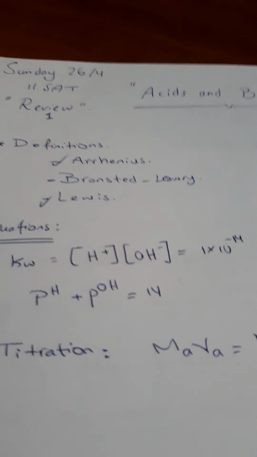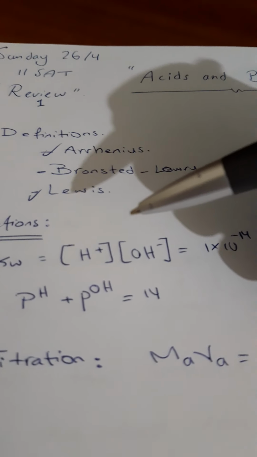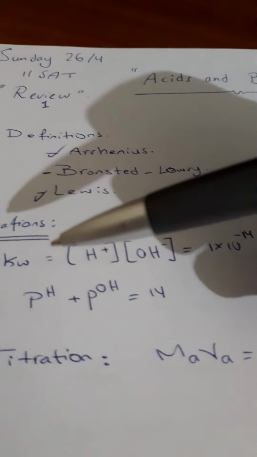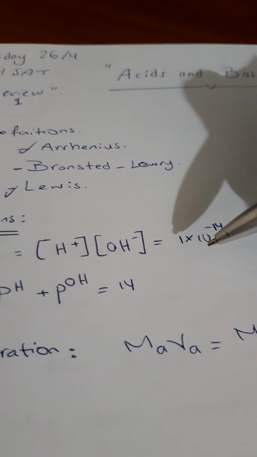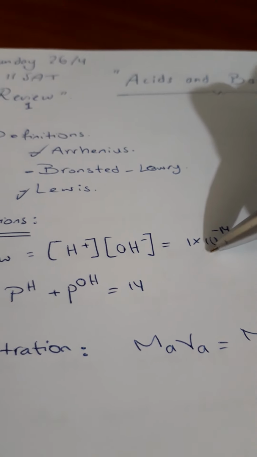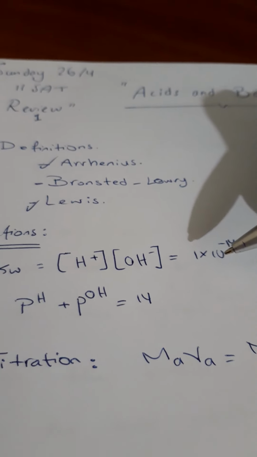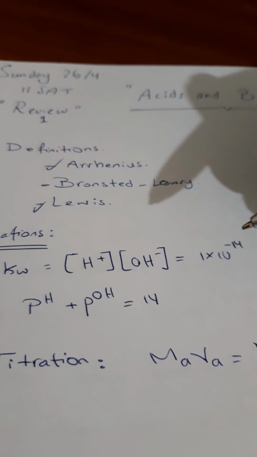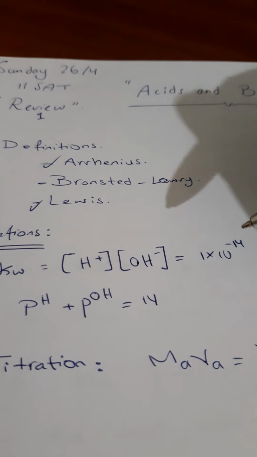The Kw, one of the most important equations, or maybe the most important one. Kw equals the concentration of hydrogen ions times hydroxide ions, equals 1 times 10 to the power of negative 14. Be careful about this equation. It is a very helpful equation to solve calculations, mathematical questions about acids and bases.